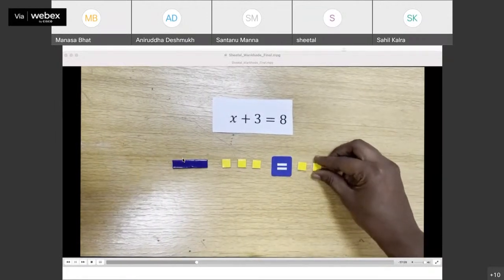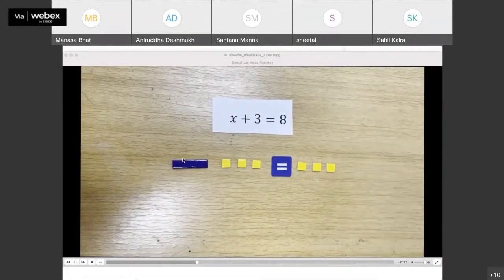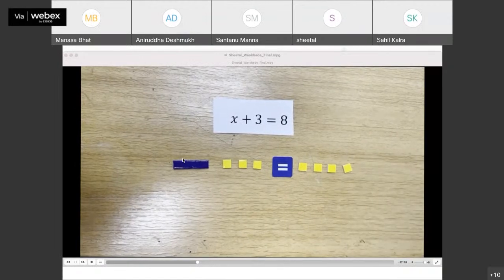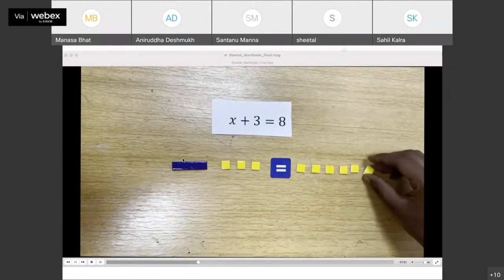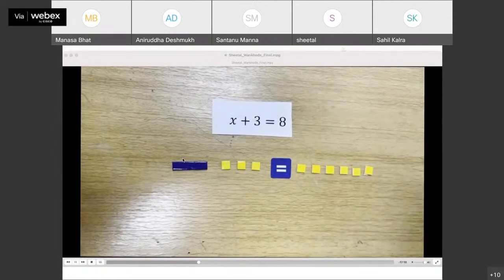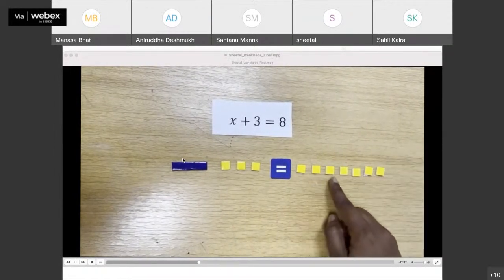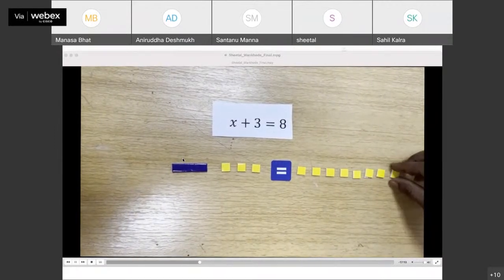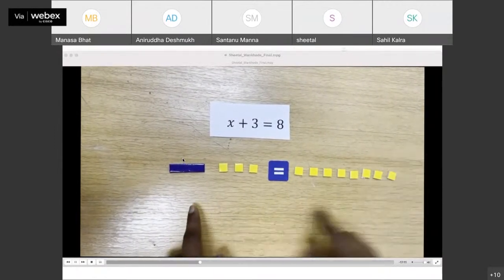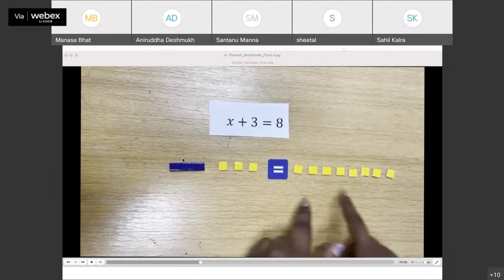So 1 plus 1 plus 1 plus 1 plus 1 plus 1, 8 times 1, 1, 2, 3, 4, 5, 6, 7, 8. So this is your equation, x plus 3 equal to 8.